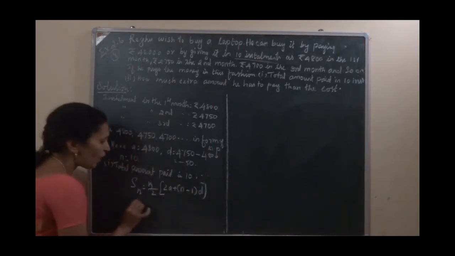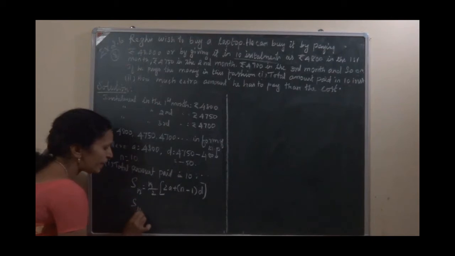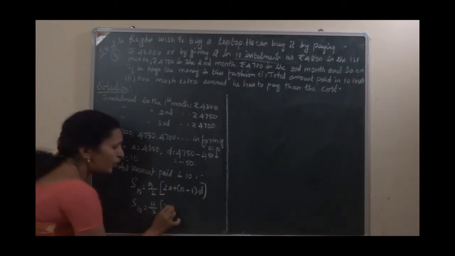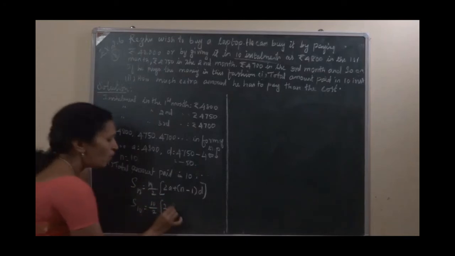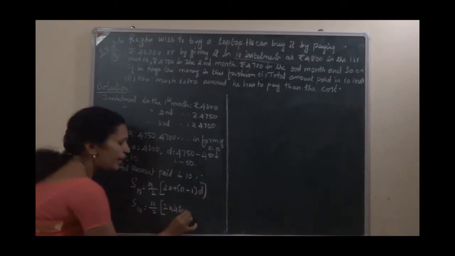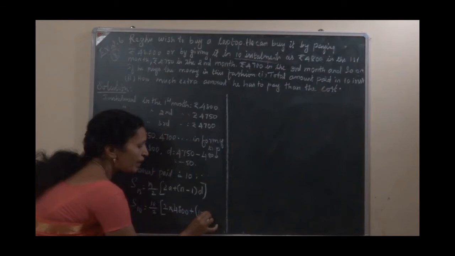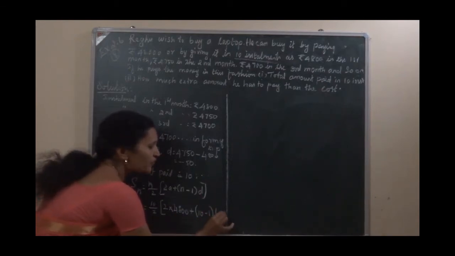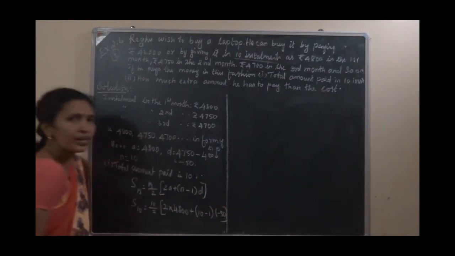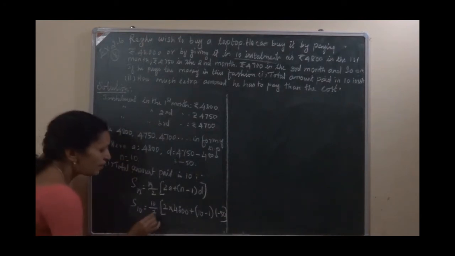Apply the values. S10 equal to 10 by 2 into 2 into 4,800 plus 10 minus 1 into d. What's the value of d? Minus 50.